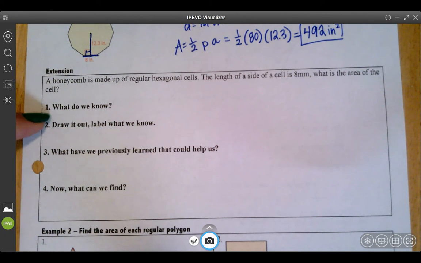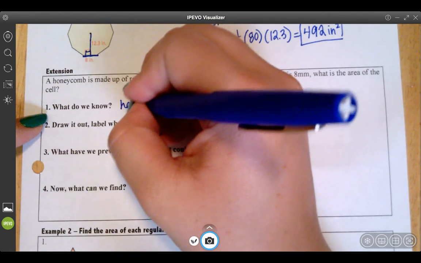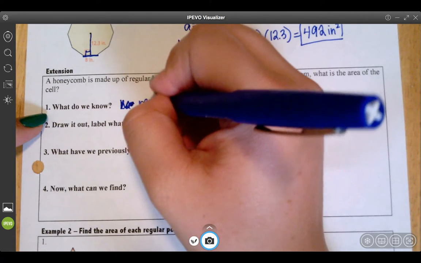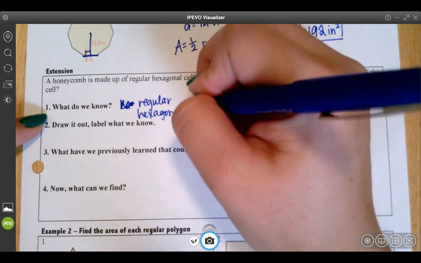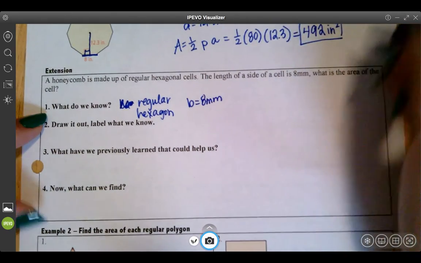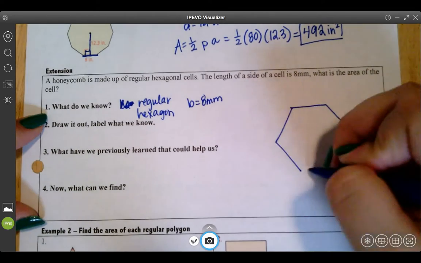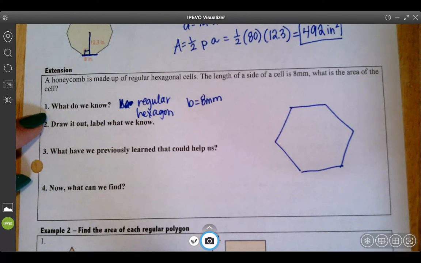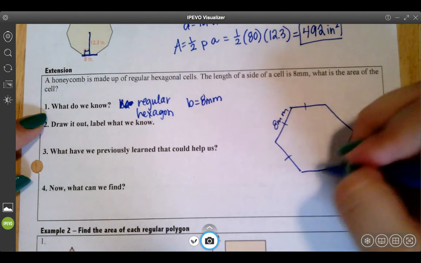Okay, well, what do we know? We know that we have a regular hexagon, where each side is 8 millimeters. So let's draw it. Here's my hexagon, 8 millimeters, and they're all the same.